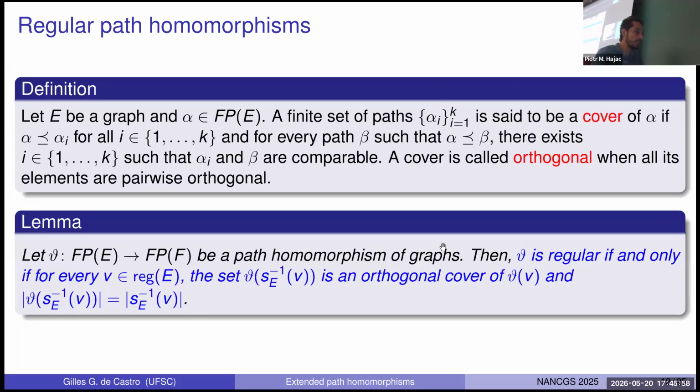For a path homomorphism, theta is going to be regular if and only if, whenever you have a regular vertex V, you want the images of the edges starting from V to be an orthogonal cover for the image of V. The image of V is a vertex, so you want these images of edges leaving V to be a cover for this vertex. And you need this injectivity, so we need to have as many paths as you have edges leaving V. So this is another way of looking at it.